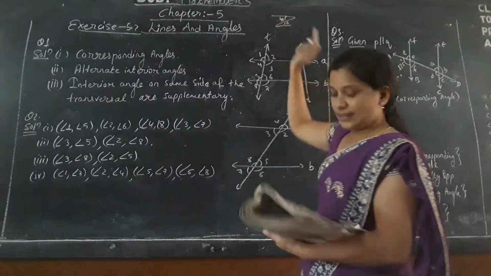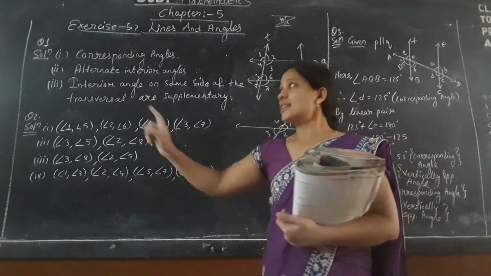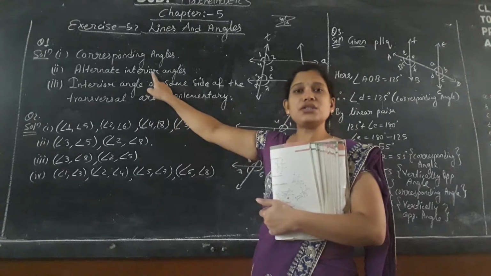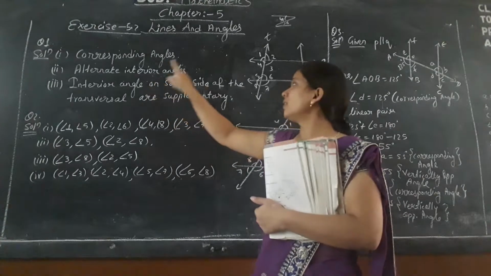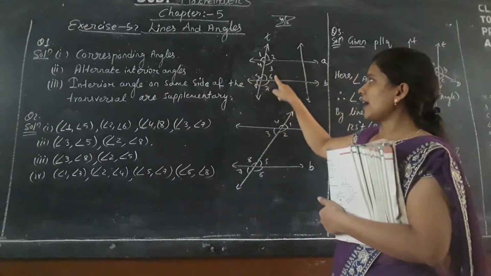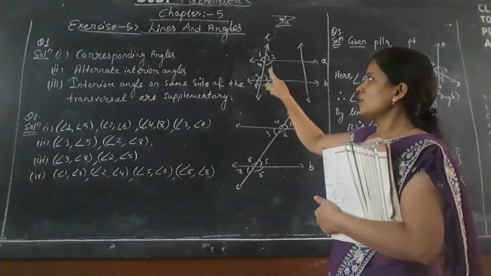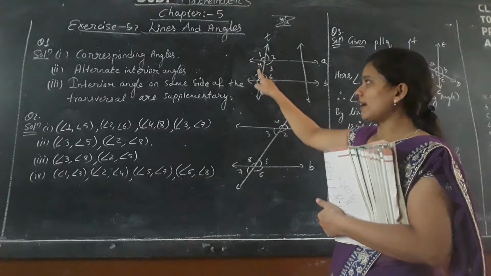Angle 4 and angle 6 are equal because they are alternate interior angles. This angle 4 and this angle 6 are interior angles. Here it makes a Z, isn't it? So it is an alternate interior angle.